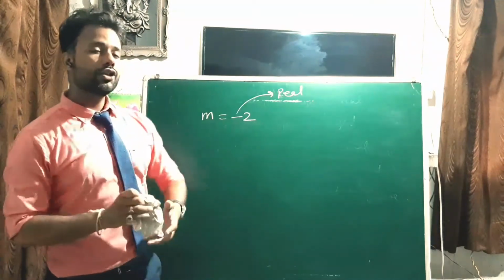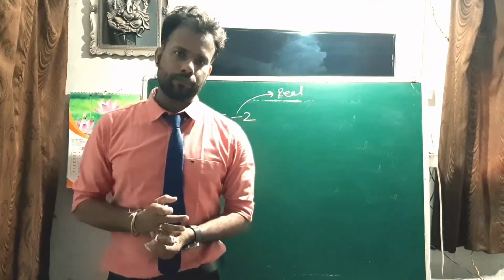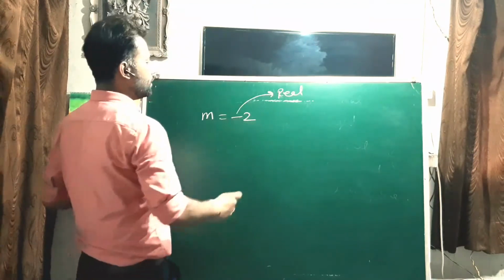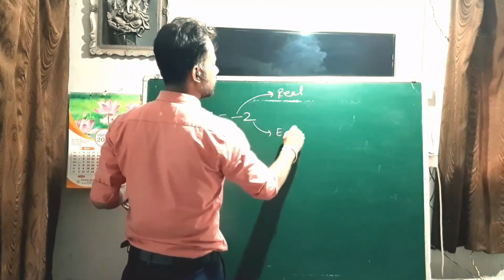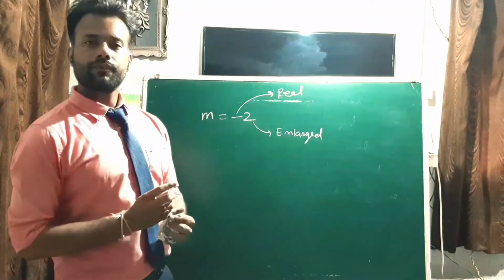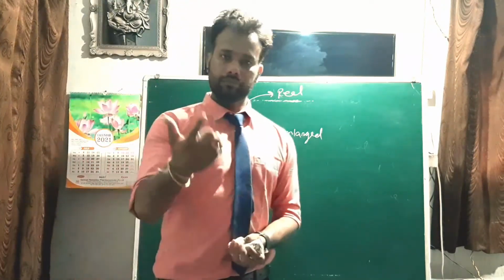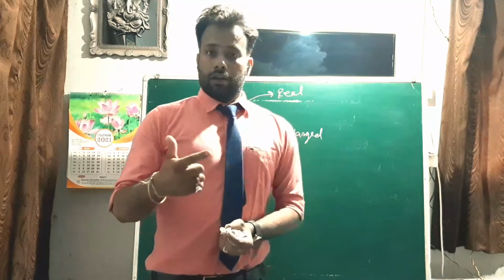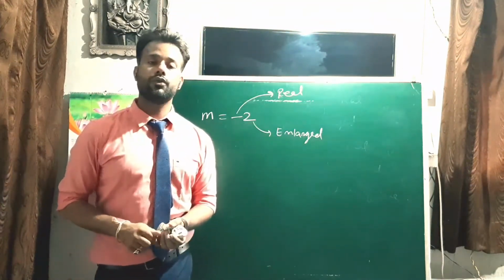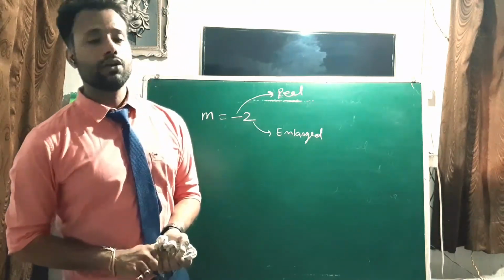Sign is just to show whether the image is real or virtual. So we'll just see the magnitude. So 2 means it is enlarged. So don't get confused in this. This minus or plus just shows real or virtual, and 1, 2, 3, 4 will show the enlargement, the diminishing, or equal to the size of the object. Right?